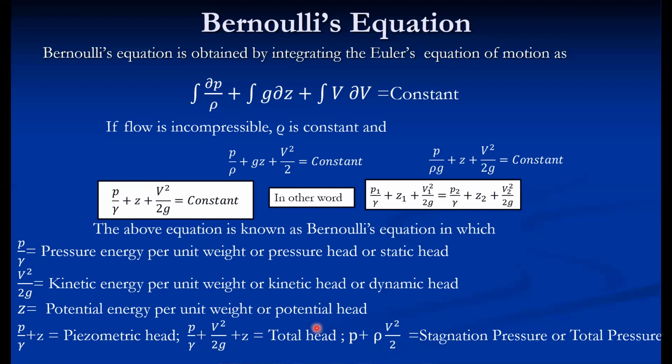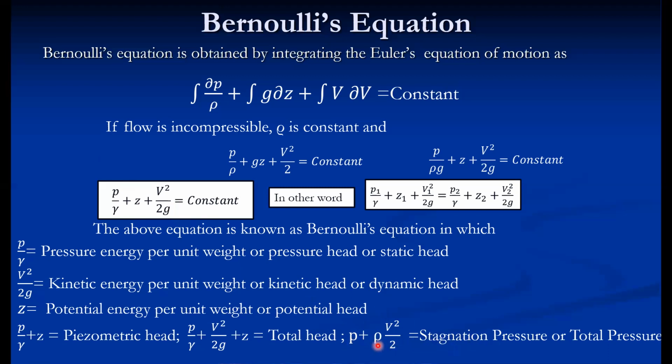So there are different terms associated with Bernoulli's equation. You must understand these terminologies while solving problems. It helps, and even while discussing the application of Bernoulli's equation, these terminologies are very much needed.